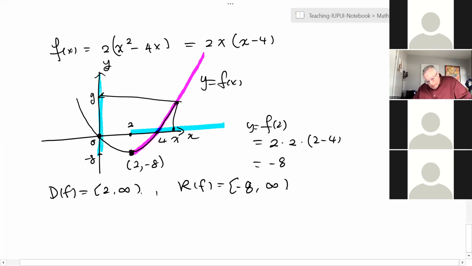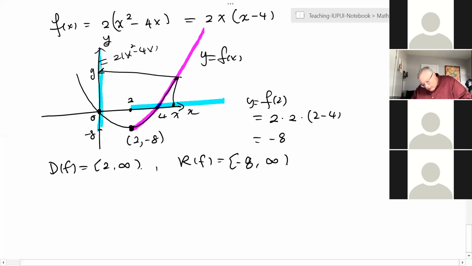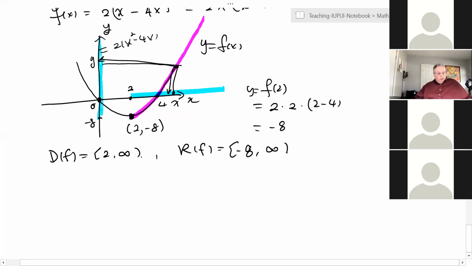All right, so this is y, and I'm going to find the formula to reverse the procedure, right? I know this y is going to be 2x squared minus 4x, right? How can I get x expressed in terms of y? I reverse the procedure. So what I'm going to do is set y equal to 2x squared minus 4x.